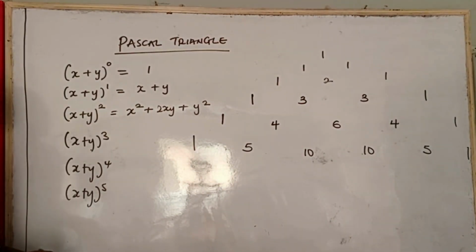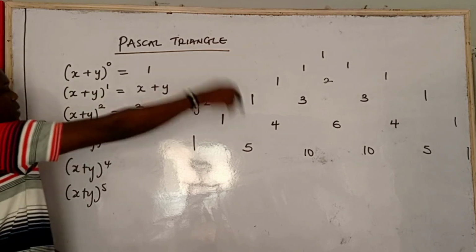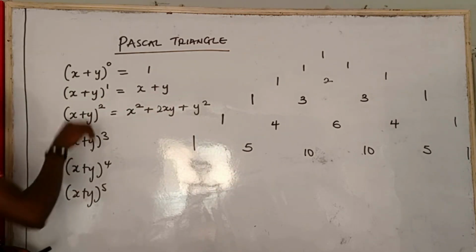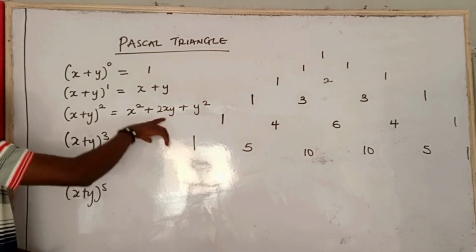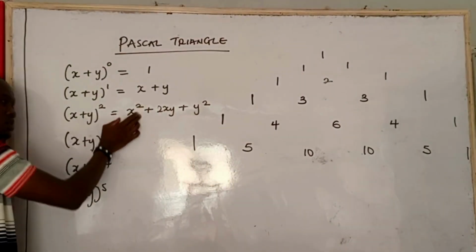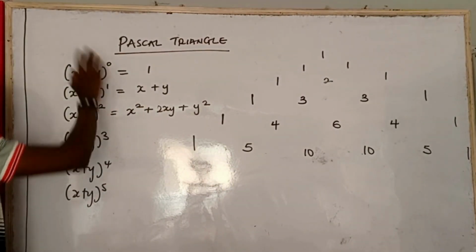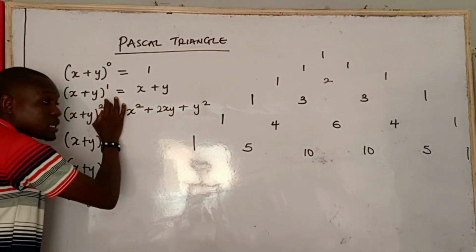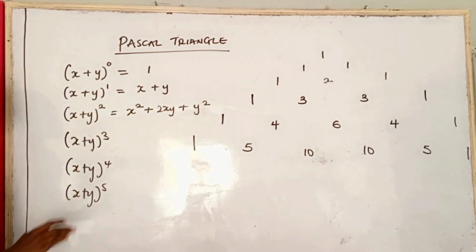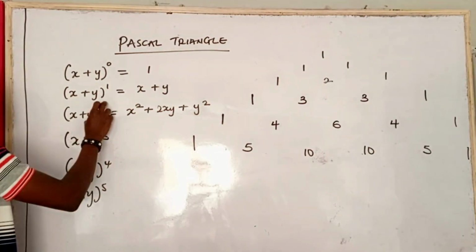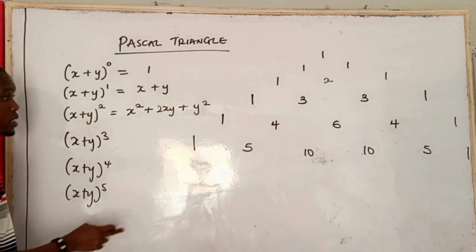So it simply means that while you are expanding, the power of x is reducing while the power of y is increasing. But in the first stage of your expansion, it is just all about x, and x taking the power that was given to you, or the degree. In some textbooks you hear degree, or the degree that was given to you in the question.